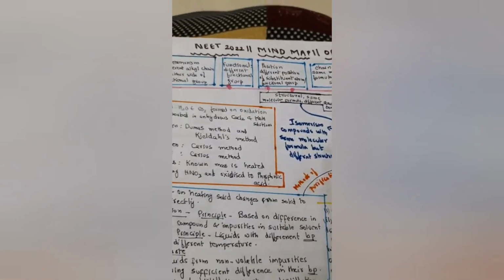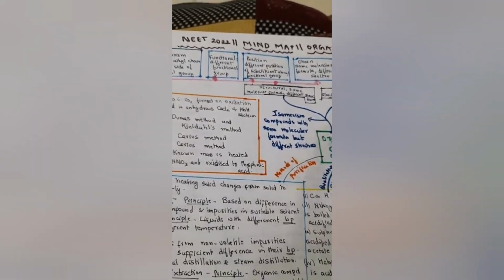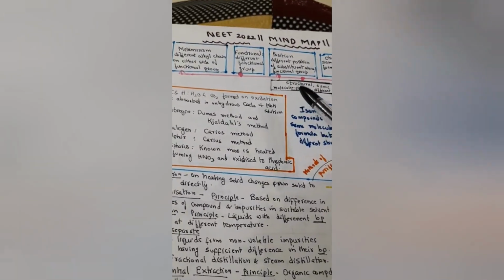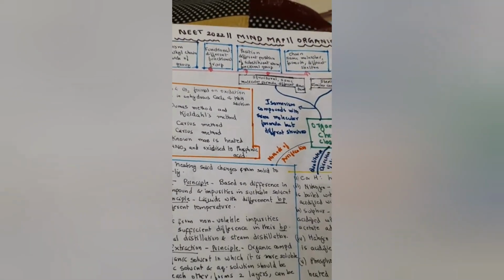Fine, understand. Now here, shape of carbon compounds and hybridization influences bond length and bond enthalpy. So you can see what all you learned from here. First we started with structural isomerism: metamerism, functional, position, chain, and all that you saw.